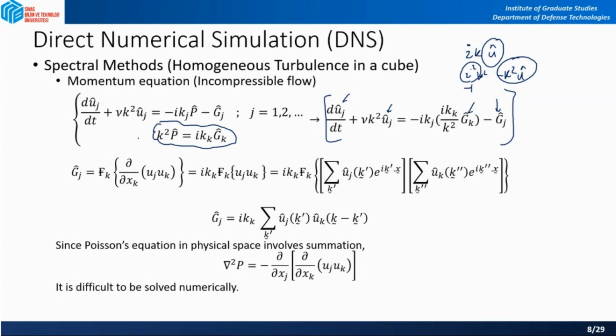So your g hat, which is the transformation of the nonlinear term, will be ik times the transformation of the nonlinear term.